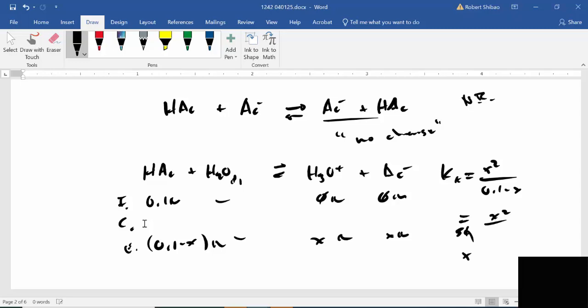This is x squared over 0.1. And so x is equal to the square root of 1.8 times 10 to the minus 6 times 0.1. I'm skipping some steps just to speed it up.